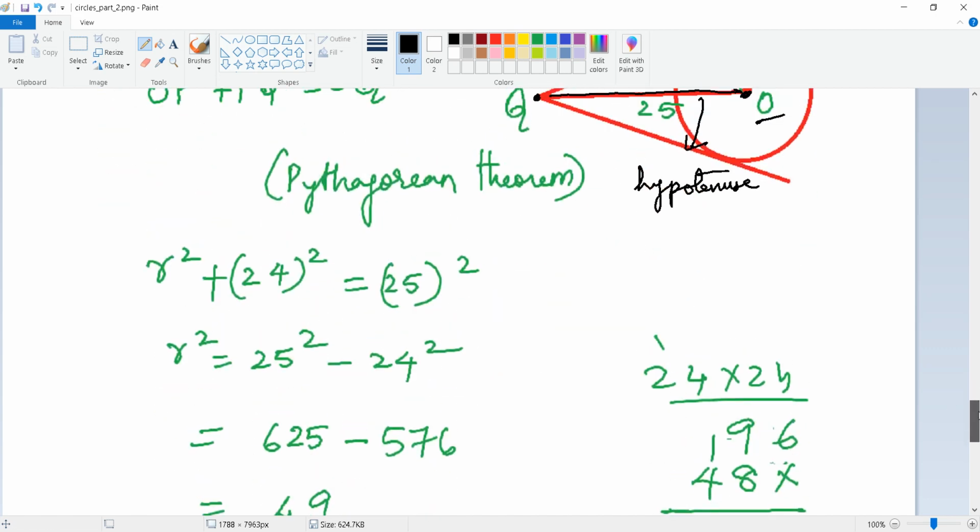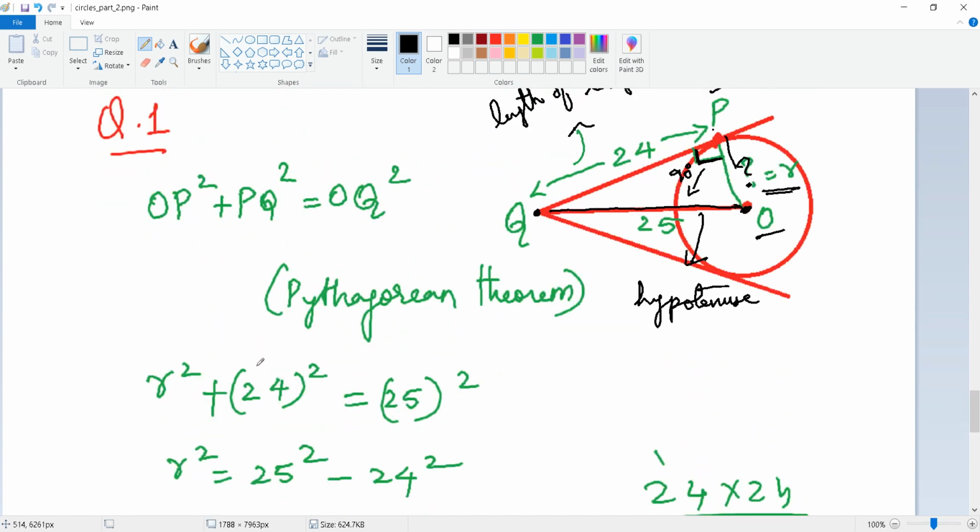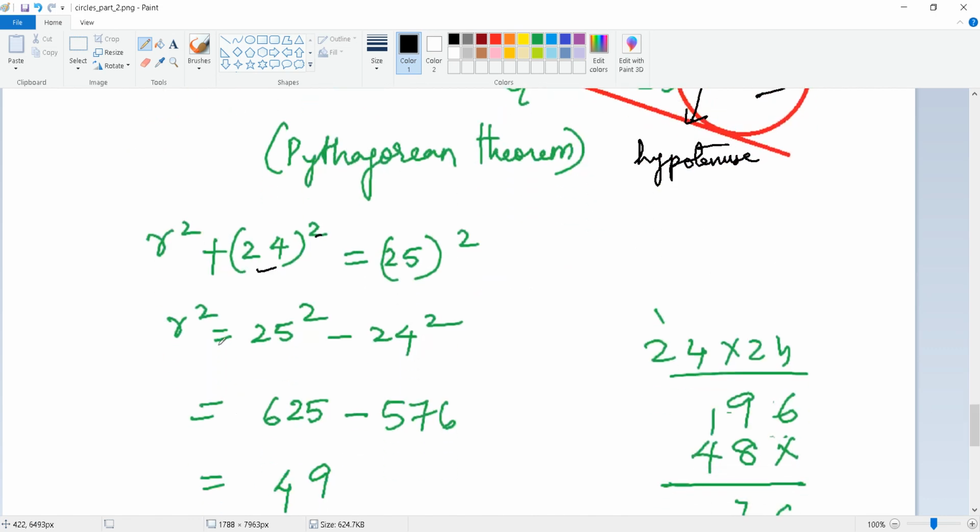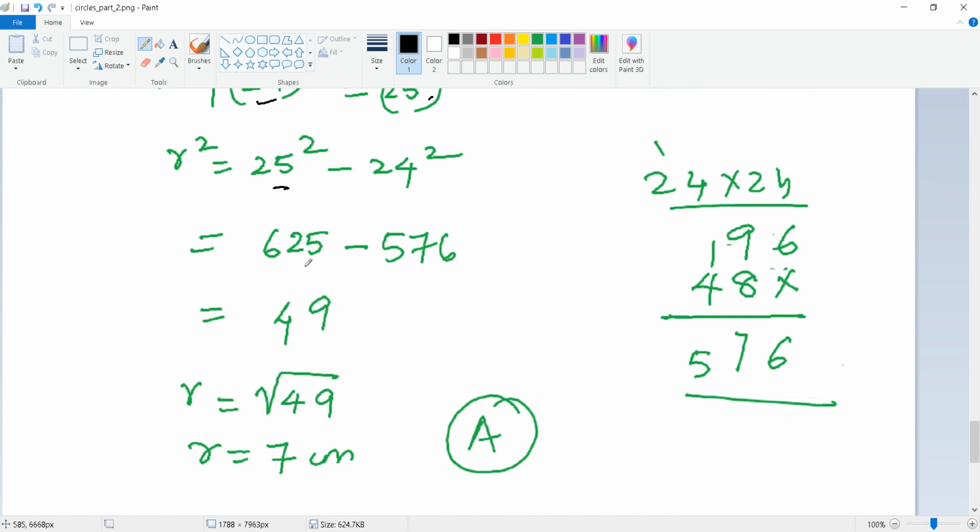Your OP is actually r, so r squared plus 24 squared is equal to 25 squared. Now we solve this. r squared is equal to 25 squared, when 24 squared goes to the other side it becomes minus 24 squared. 25 squared is 625, 24 squared is 576, and when you subtract, you get 49. So this is your r squared.